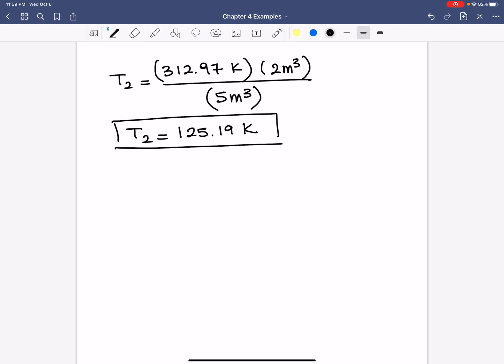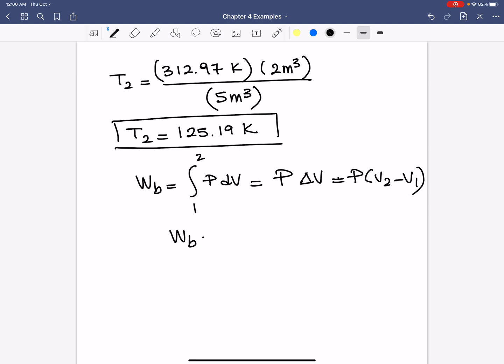All right, so the next thing they're asking is the boundary work, and we know the equation for the boundary work, right? We know that it is from state 1 to state 2, P dV. Okay, since pressure is constant, it gets out of the integral, and it's going to be P times delta V. In other words, P times V2 minus V1.